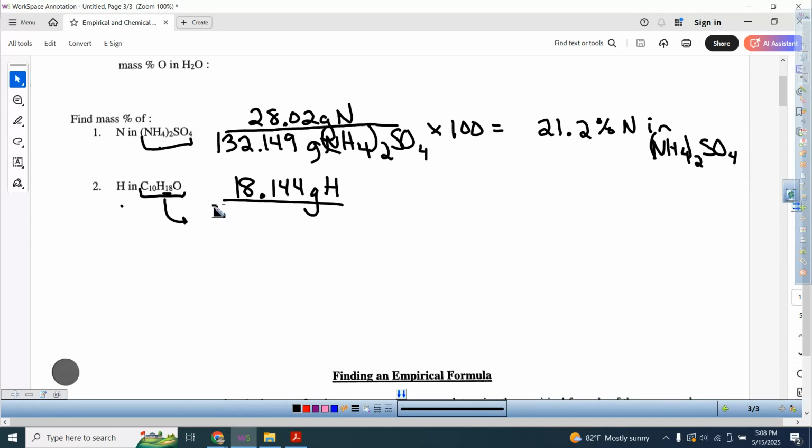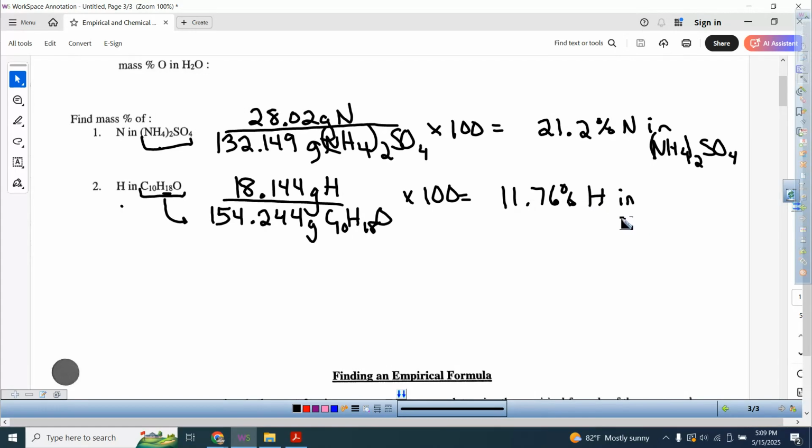And this entire compound, when I add it up, gives me a mass of 154.244. Multiply this by 100 because we want a percent, and that gives me 11.6% hydrogen in C10H18O. Okay, so that's how you find mass percent. Total mass of the element over the mass of the compound times 100.